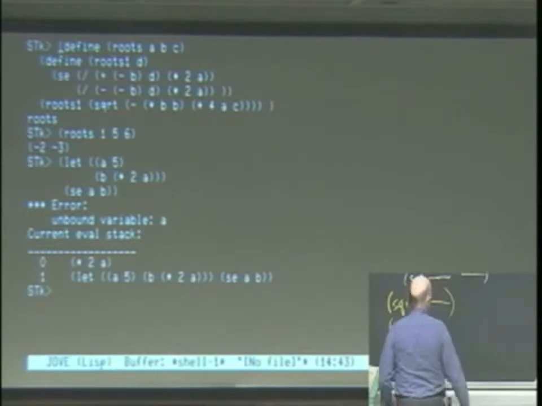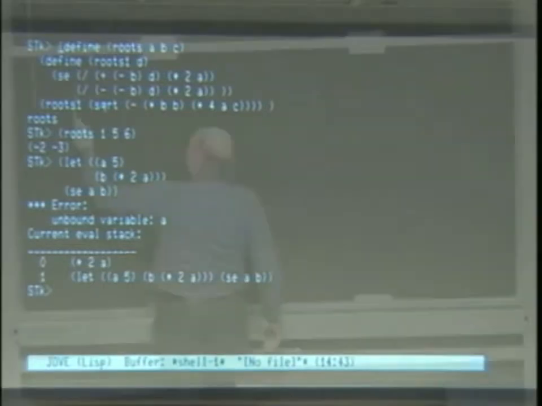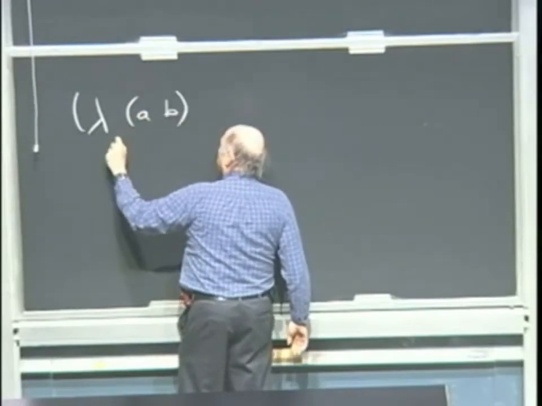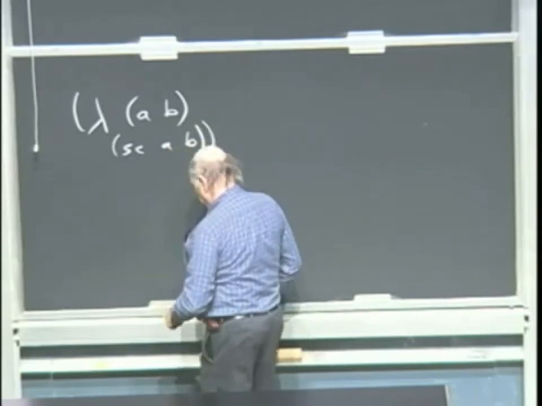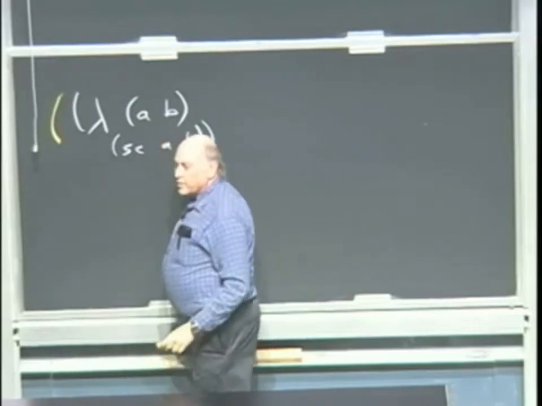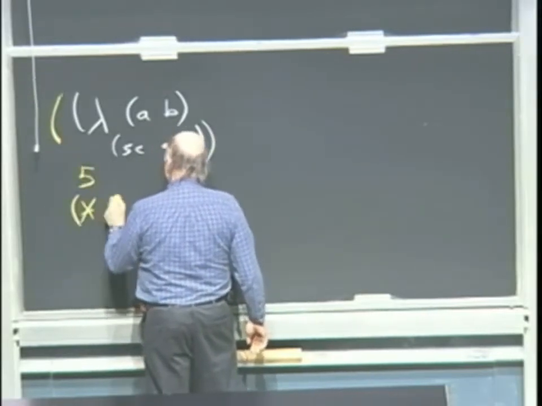So that let that I wrote, I make the procedure lambda of AB, sentence AB, and I call that procedure with the arguments 5 and times 2a.